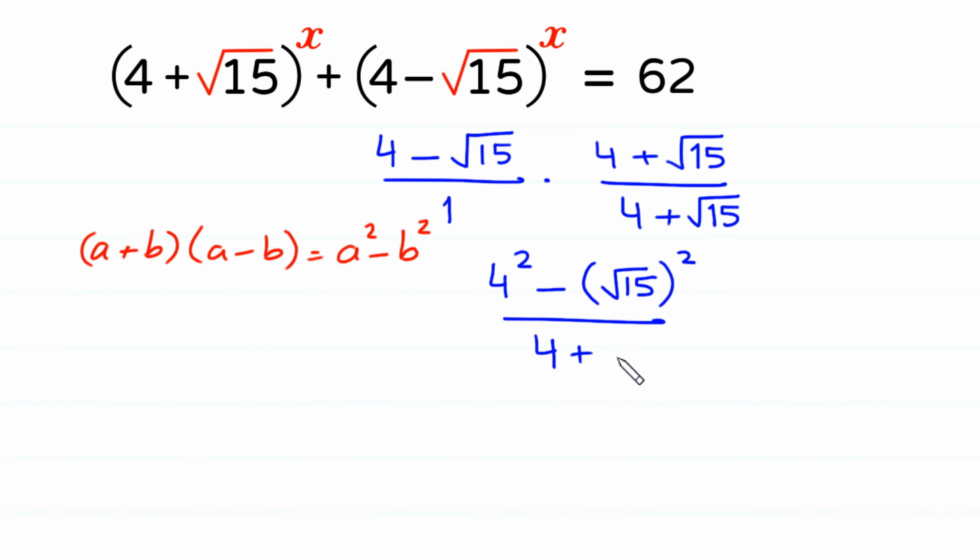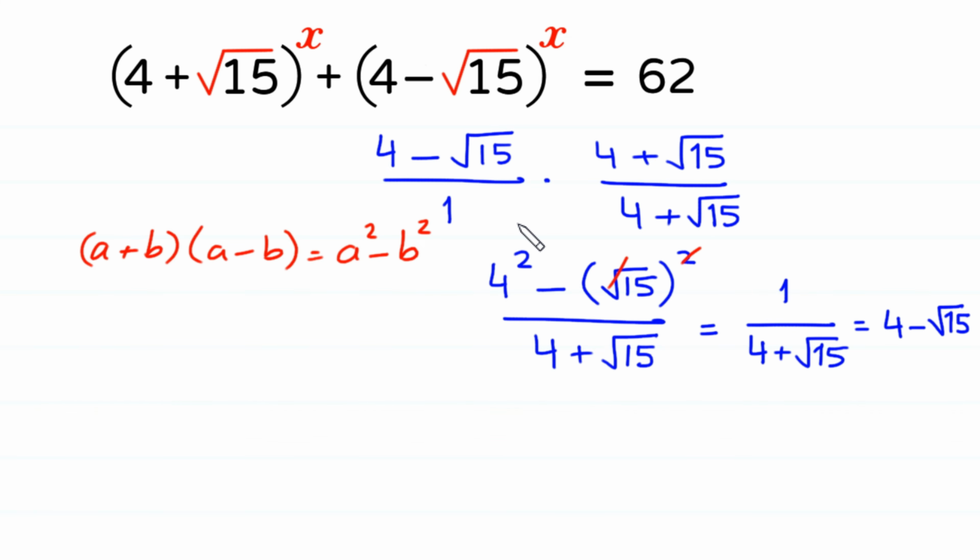That is equal to, this square will be cancelled with this square root, and 4 square is 16, 16 minus 15 is 1, divided by 4 plus square root of 15.